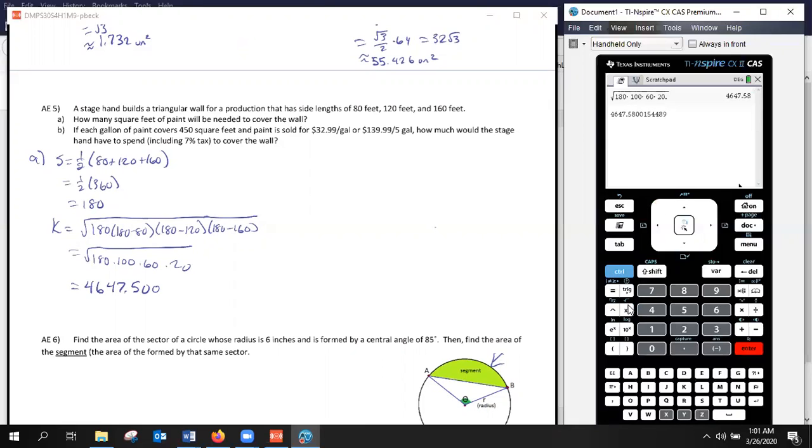So this is how many square feet the wall is.